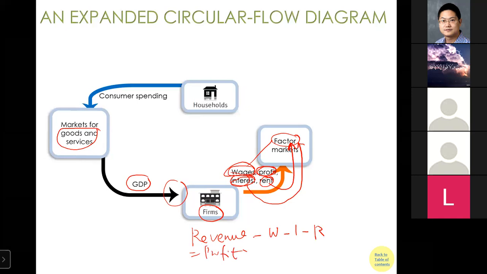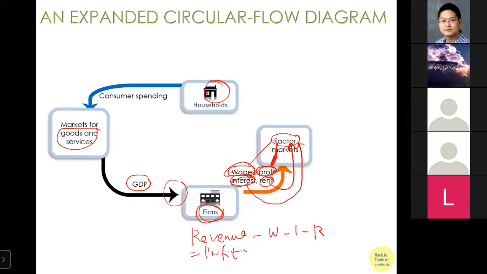But this profit will belong to someone, because the firm is a business entity, right? So it must be owned by somebody, by the households. This profit is considered ownership income to the households.